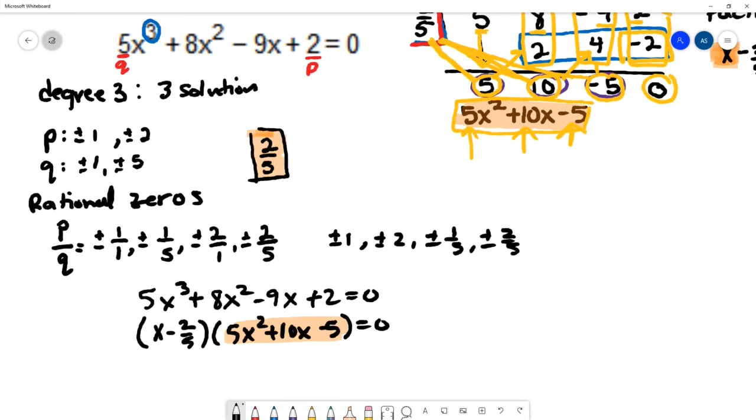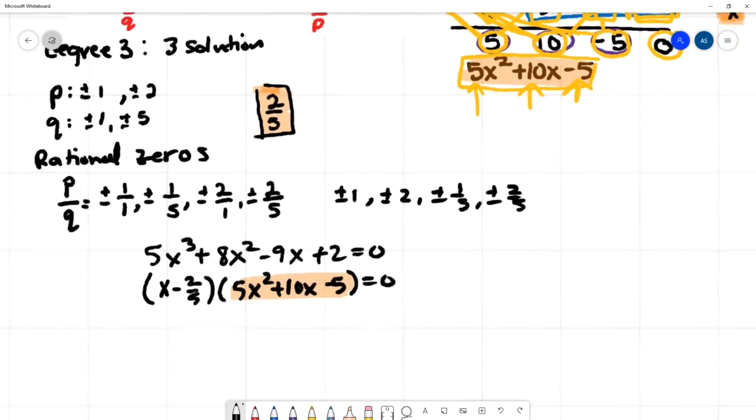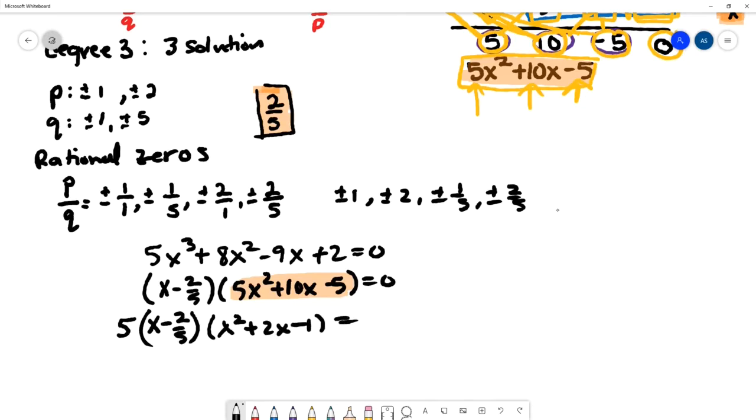So I know I'm going to be able to find any other zeros that I have. So using this 5x squared plus 10x minus 5, I can start by factoring out a 5. I'll factor out a 5, and I'll be left with x squared plus 2x minus 1 equals 0.